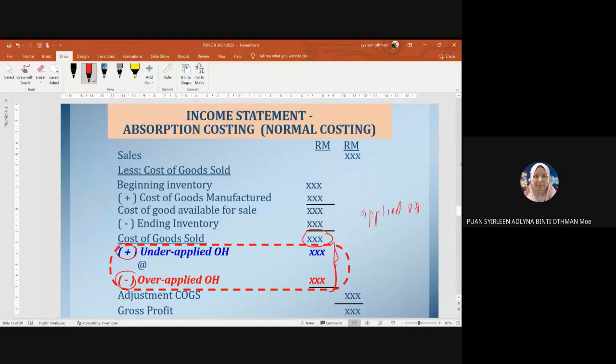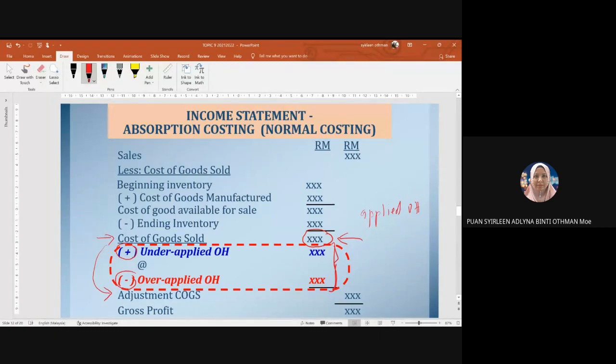Okay, so after you do the adjustments for your applied MOH, okay, di COGS dalam your statement kita akan guna figure baru instead of using the cost of goods sold that is calculated above, kita akan come out with a new figure which is your adjustment ataupun adjusted COGS.